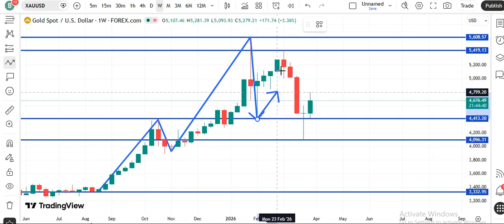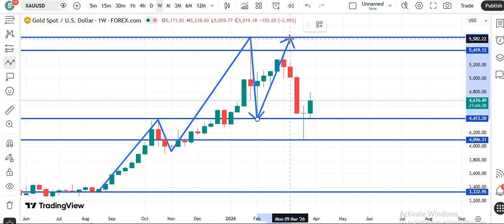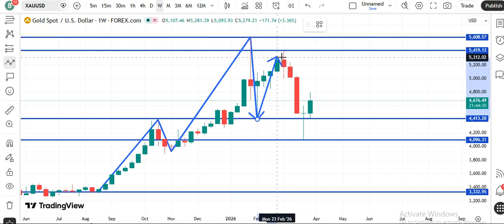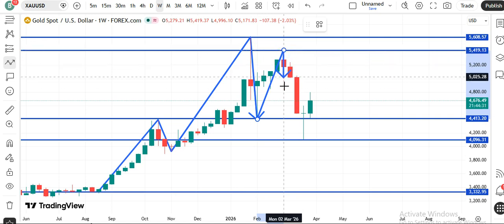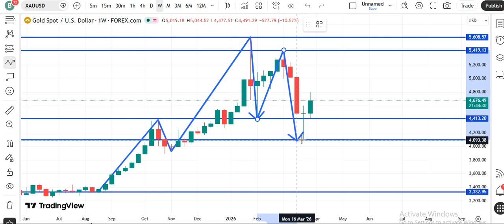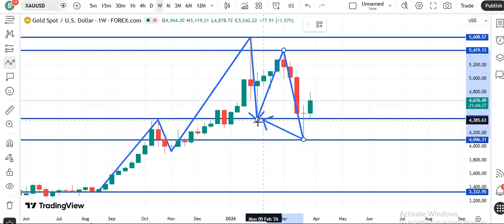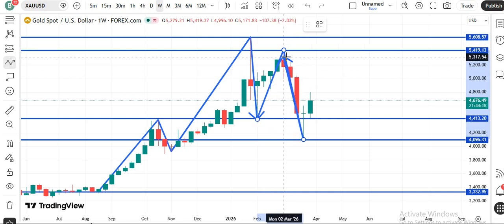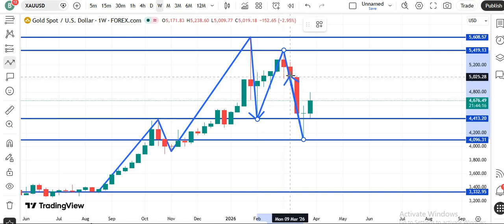When this market was moving to the upside, you can see it couldn't break above the previous high, printed another weekly low here. So what happened? Boom, market sold and already broke below the previous low. So this is violation of market structure. Better still, that is change of character, because the previous low got broken to the downside.